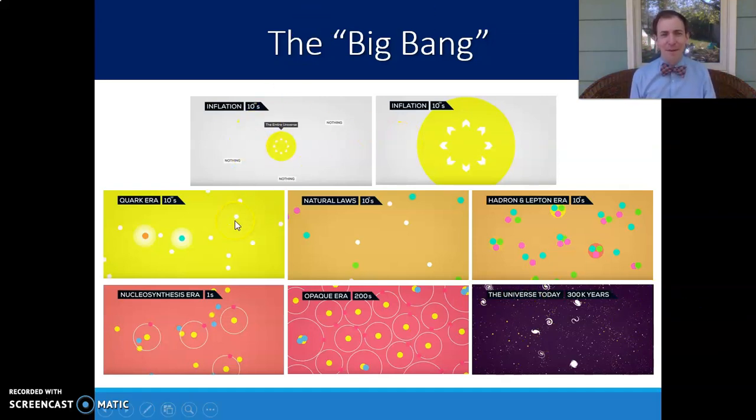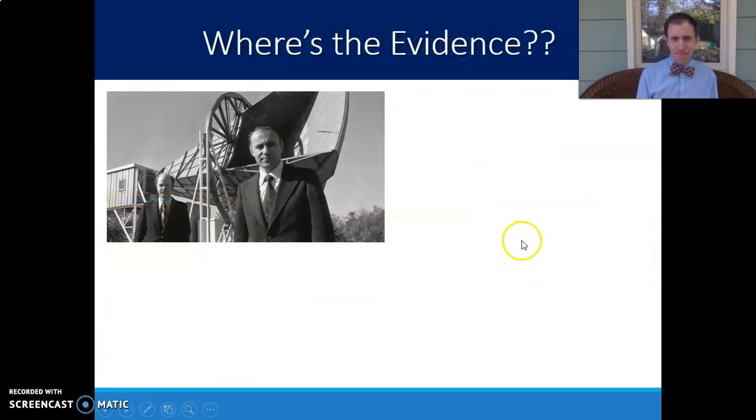So I know it's kind of comical to see these different stages in seconds, and then like a little thing happened, and 300,000 years later, the universe. We're going to talk a little bit more about that moment here in a little bit, because we actually have evidence of that moment that light was then able to travel beyond.